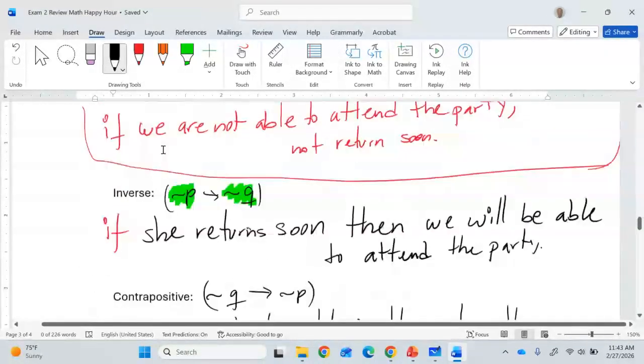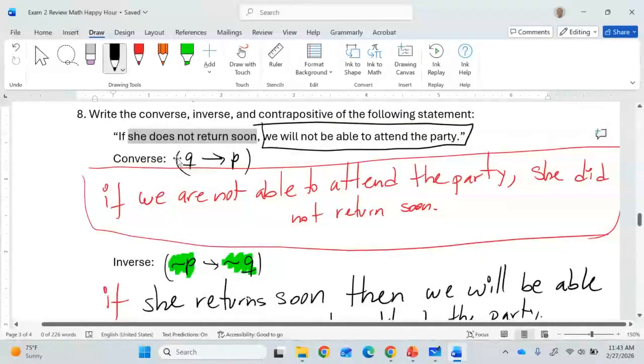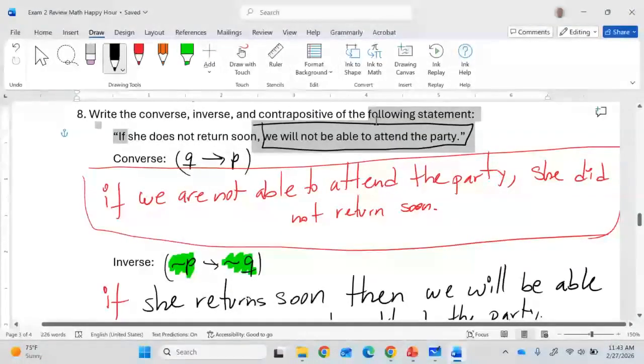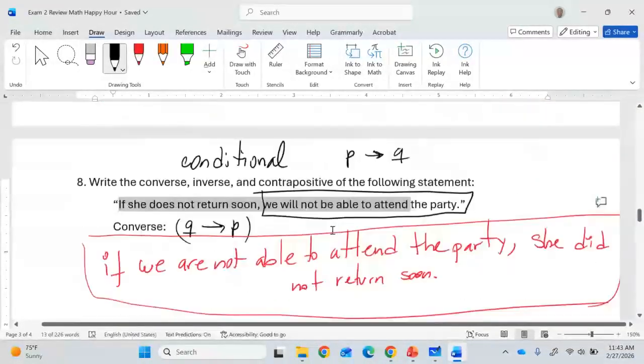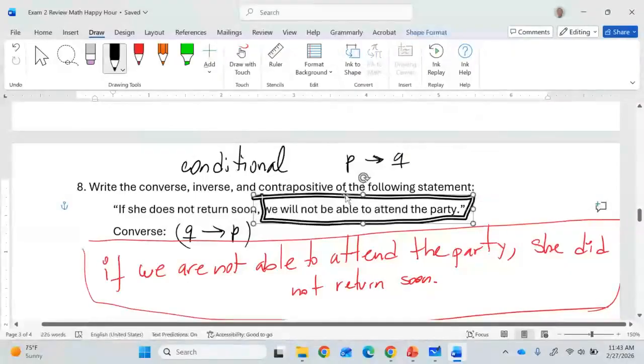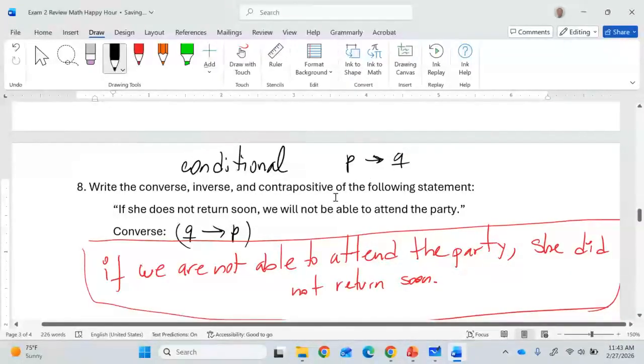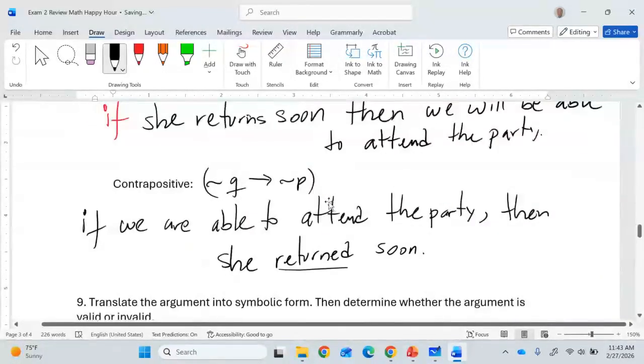One last comment before I move on to the next example. Just as a reminder, the original statement is always equivalent to the contrapositive. So if you say them out loud, they convey the same meaning. If she does not return soon, we will not be able to attend the party. It's equivalent to saying, if we are able to attend the party, then she returns soon.